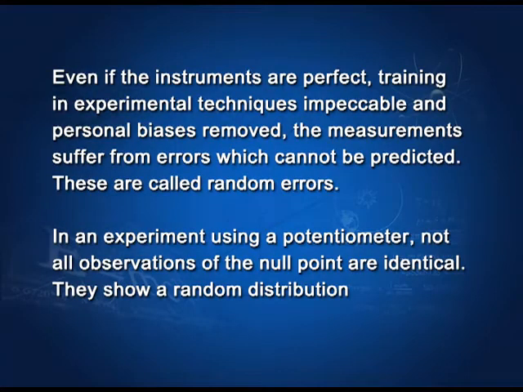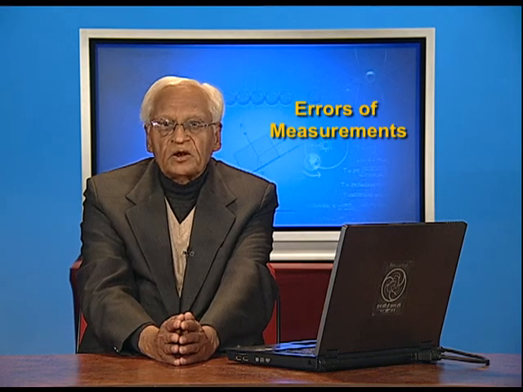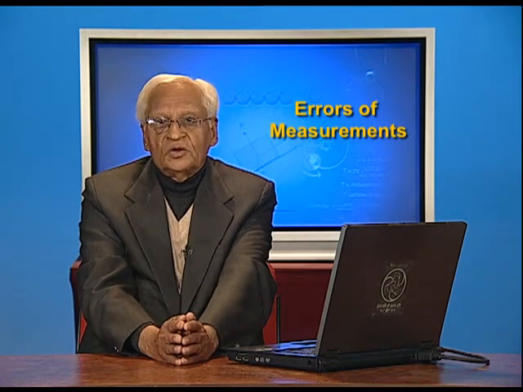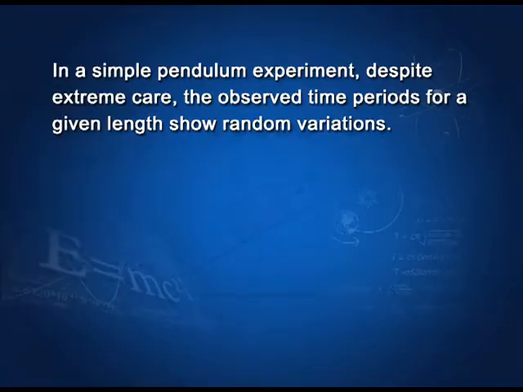In an experiment using a potentiometer, not all observations of the null point are identical. They show a random distribution. Sometimes they shift to one side, sometimes to the other side. In a simple pendulum experiment, despite extreme care, the observed time periods for a given length show random variations.